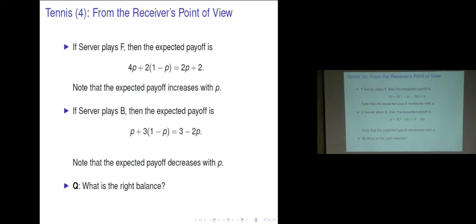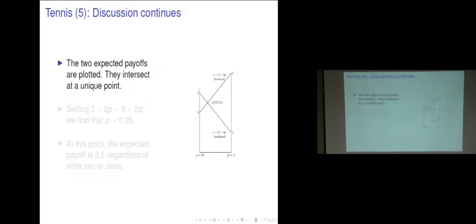Now, what is the right balance? You have two expected payoffs, and how do we balance? We can draw a picture like this. Let me explain the picture.